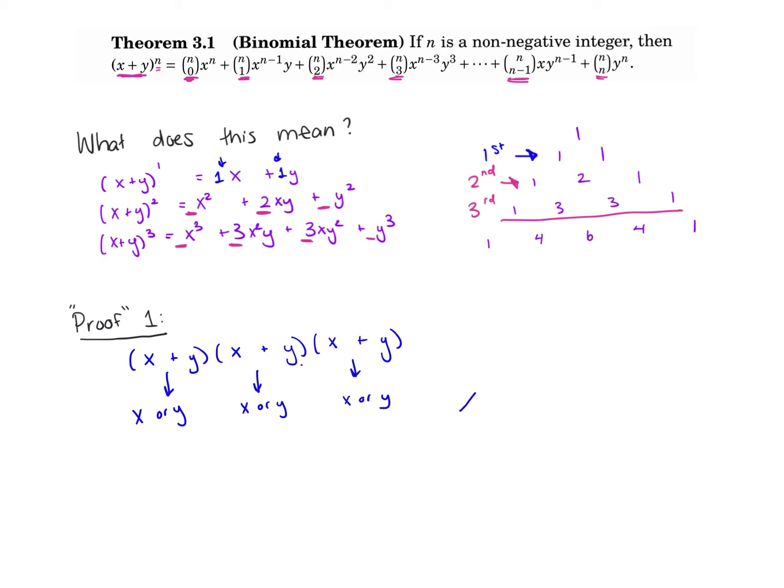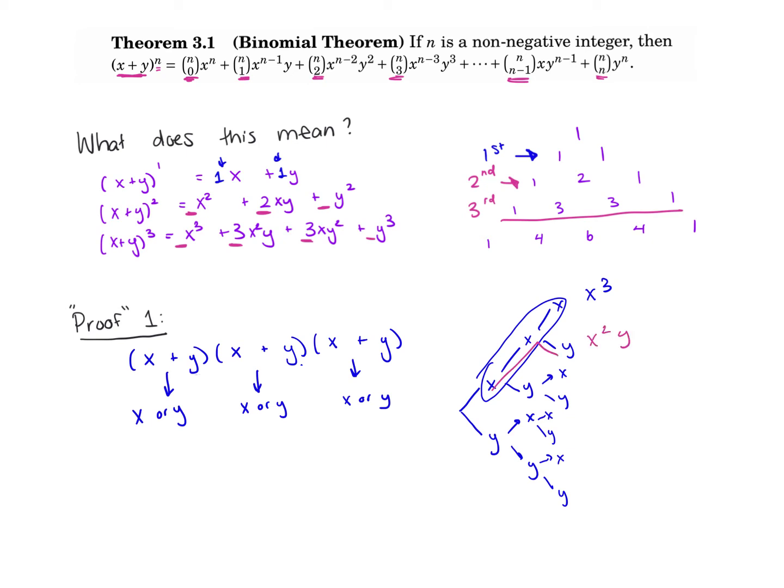Right, so if I think about that, drawing a tree diagram, I'm going to get an x or a y from the first one, an x or a y from the second one, and then an x or a y from the third one. And then what we do is we're going to multiply all of those things together. So I get an x cubed, and then an x squared y, and then I'll get an x times y times x, so that's also an x squared y.